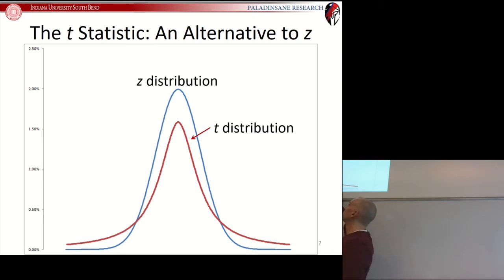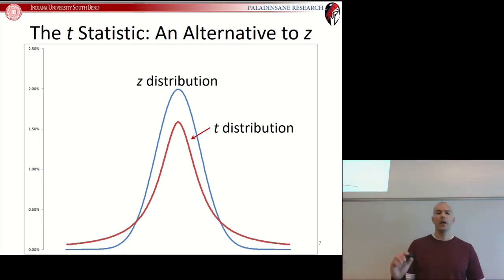So more of a t distribution is in the tails because the variability when you estimate things can go wider. So we end up with more possibilities or more sample means in the tails than we used to have for a z distribution.